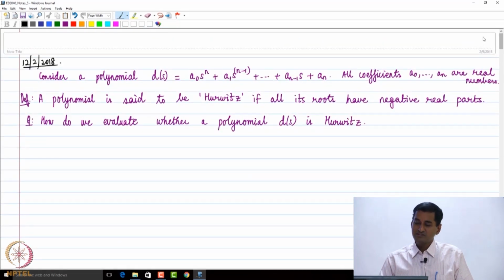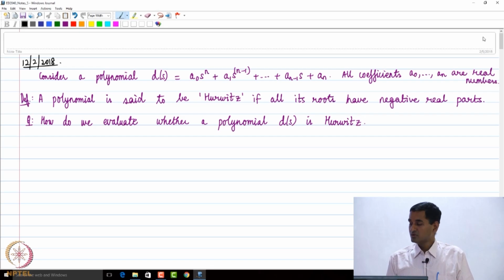Essentially, we consider a polynomial d of s, which is a0 s power n plus a1 s power n minus 1, all the way till a n, where all the coefficients a0, a1, a2, all the way till a n, are real numbers. This polynomial is said to be Hurwitz if all its roots have negative real parts. That's the definition of the term.